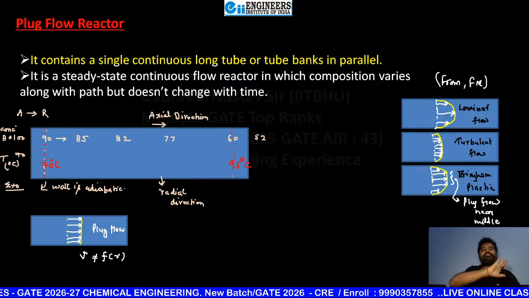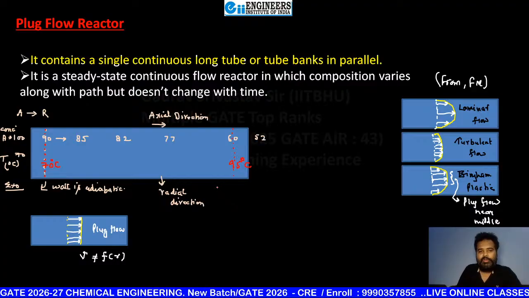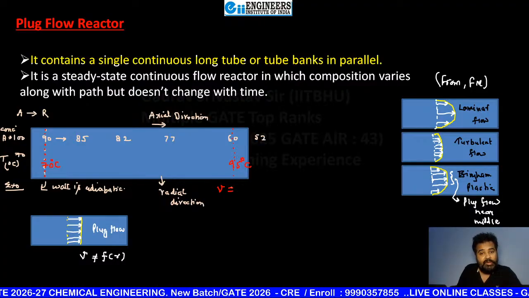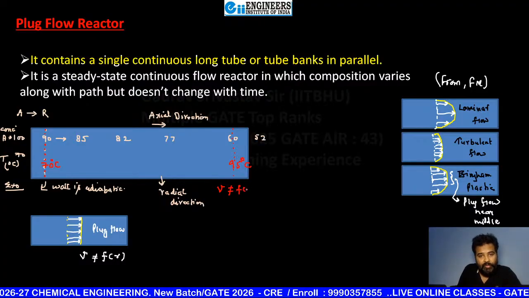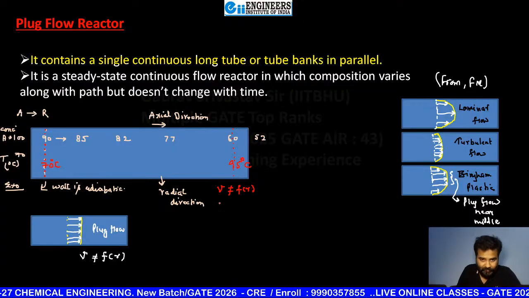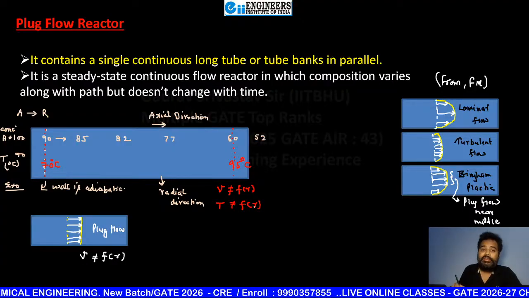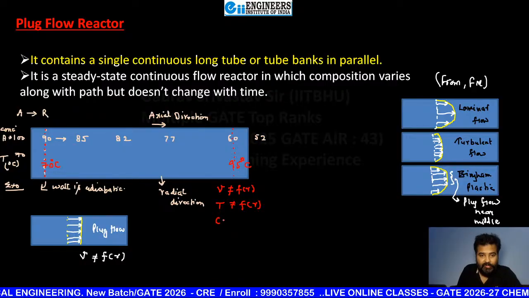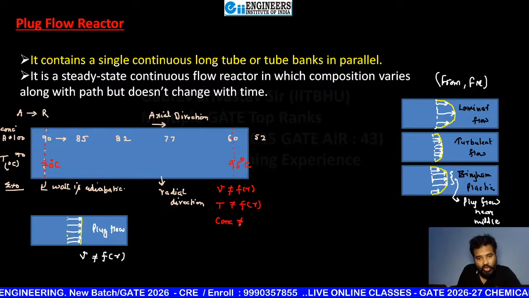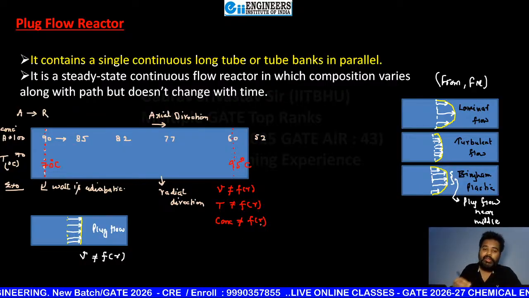That means temperature is not a function of the radial direction, velocity is not a function of the radial direction, and concentration is also not a function of the radial direction.